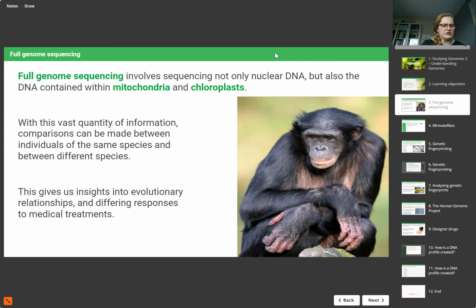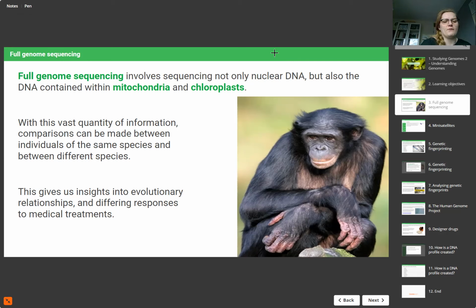Something I'm just going to have a quick chat about is simple organisms compared to complex organisms. Sequencing the genome of simple organisms helps us identify their proteins, and that is really useful. So the proteome, a word you might have heard of before, you might not.